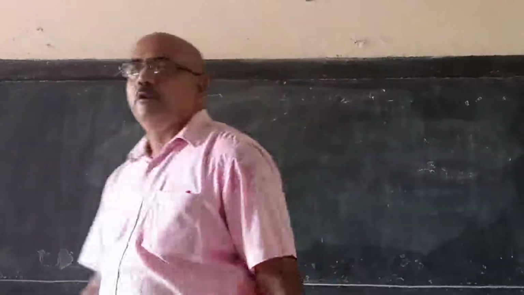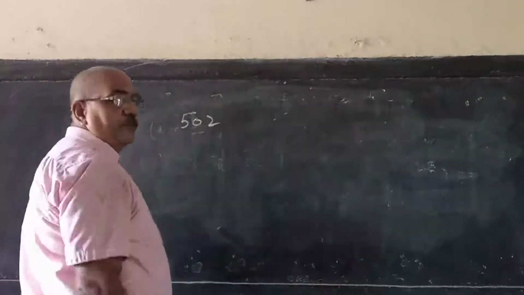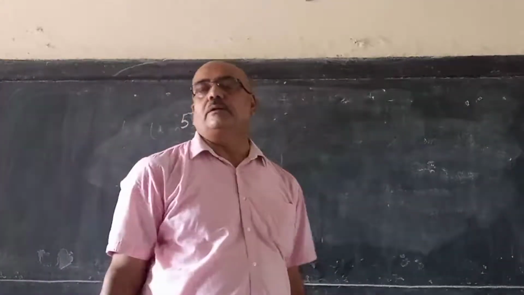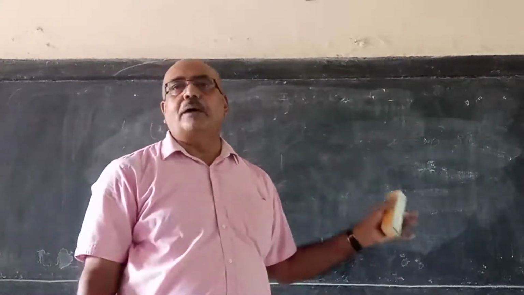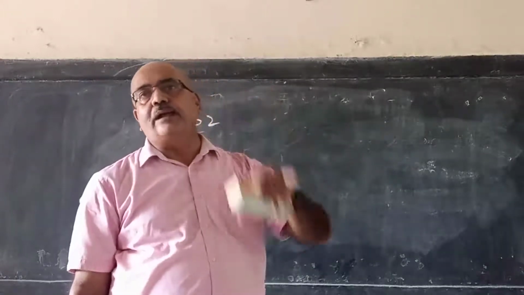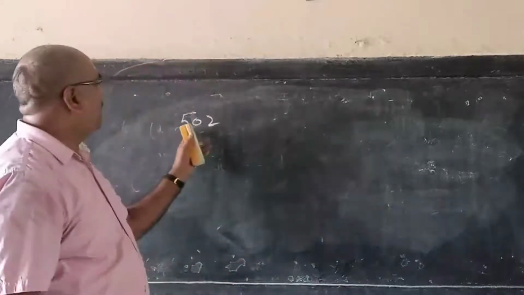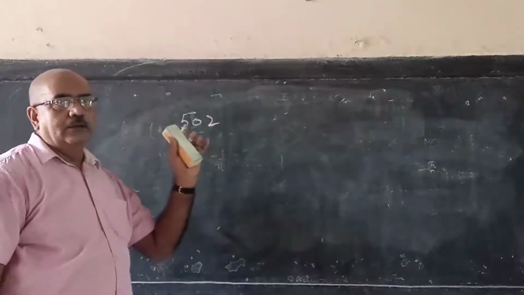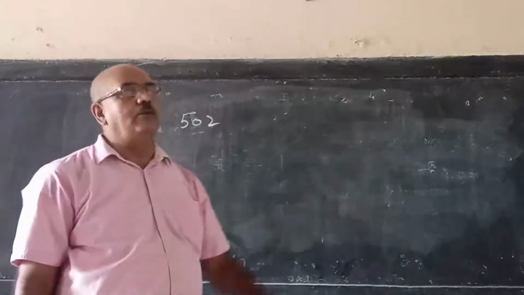Now, if a number is given, suppose 502, and you have to find the square of this number, don't multiply 502 two times and write the value. You have to write the answer by using the formula. First of all, write this number in the form of either (a plus b) whole square or (a minus b) whole square.